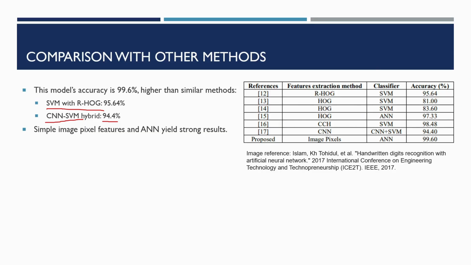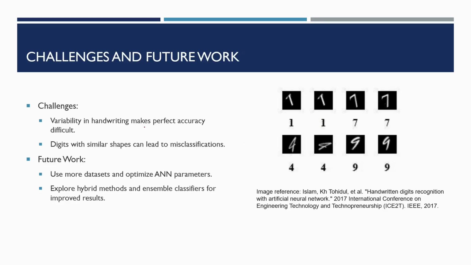Now, the comparison with other methods is also explained in this table, which is taken from the paper, and the references are given in the first column. Now let's look at the challenges which can be faced while implementing this kind of simple ANN algorithm. The first challenge is that variability in handwriting makes perfect accuracy difficult.